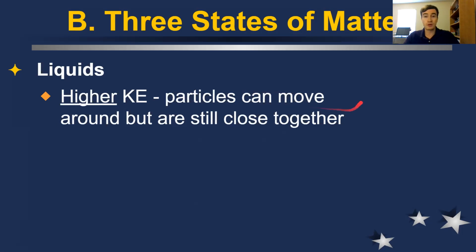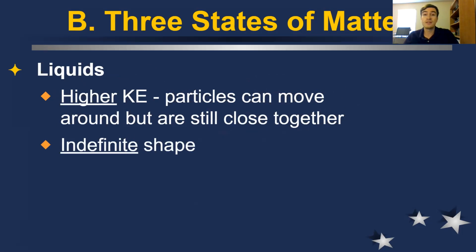So the particles move around a lot more than in solids, but they don't completely separate out from one another, right? They stay pretty close to each other. They just can kind of move all around each other really easily. So a lot more motion than solids with their particles, which is why we have this higher energy. But their particles still stay kind of close with each other.